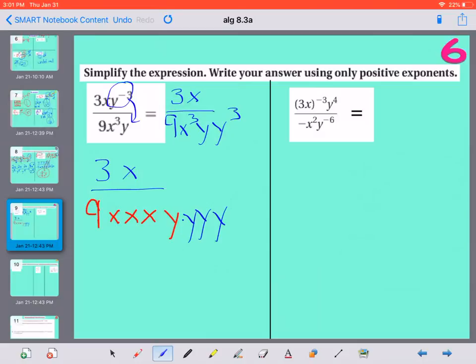So I can take those x's and cancel them. 3 and 9, I see that I can divide both of these by 3. So I would have 1 over 3. Now we have 2 x's left, so x squared on the bottom, and 1, 2, 3, 4 y's, so y to the fourth.